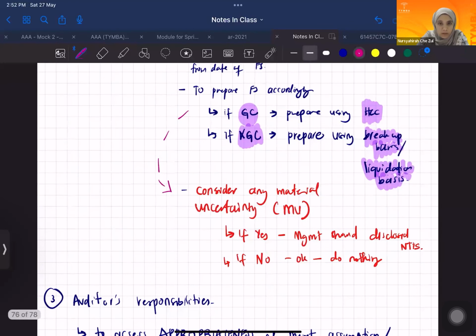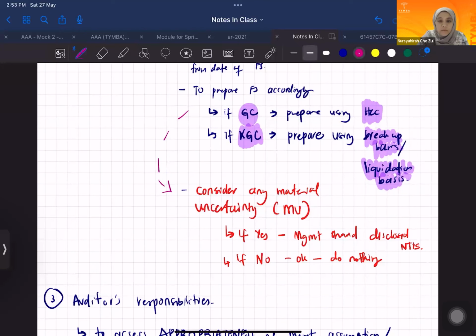So for a company, same issues. They thought that they are going concern. They are a bit confident that they are going concern. However, there are certain issues here and there. So those issues are what we call a material uncertainty, MU. Perhaps their overdraft facility is about to expire, or they have reached certain limit for the overdraft facility. What else? There's a significant drop in demand. Those kind of things.